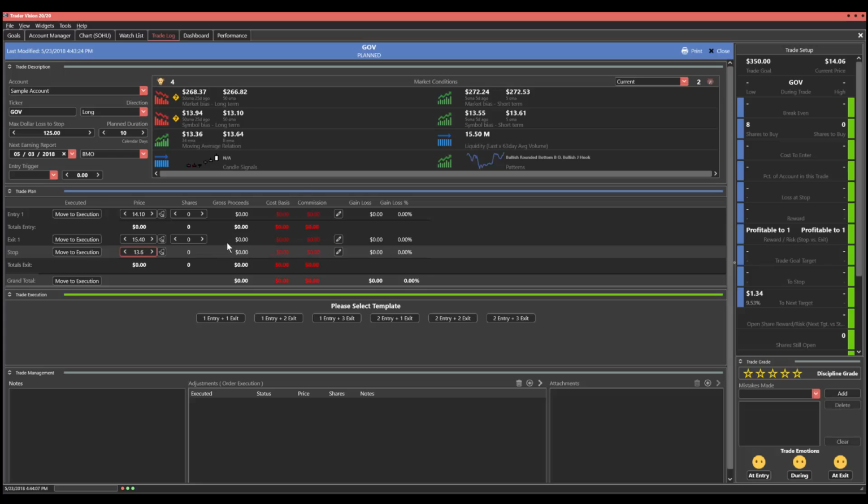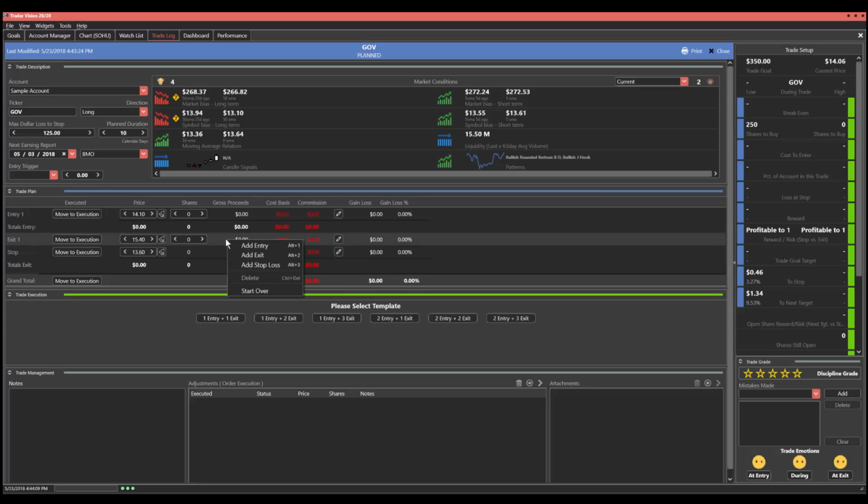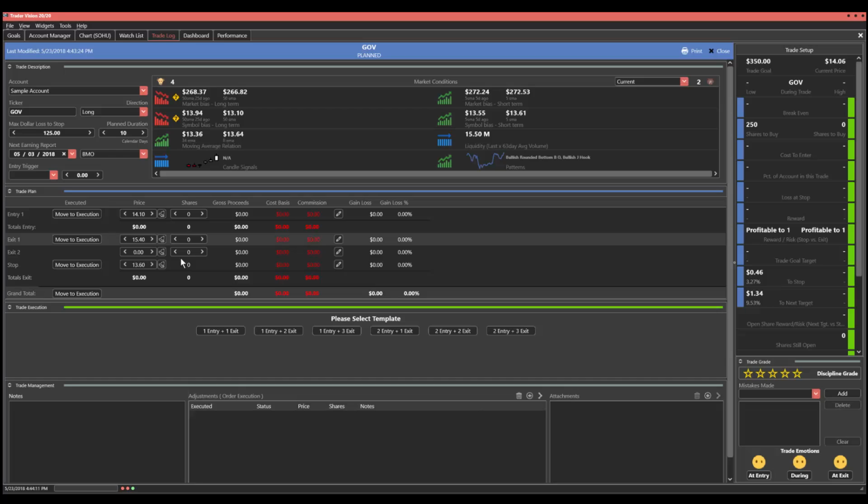And let's add another exit and put that one at 16 and a quarter. It says we can do 250 shares. Let's go ahead and do 250 shares. That would be less than 3% of the account. Keeps us right at $125 of risk to a stop.